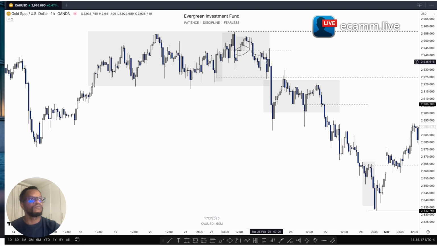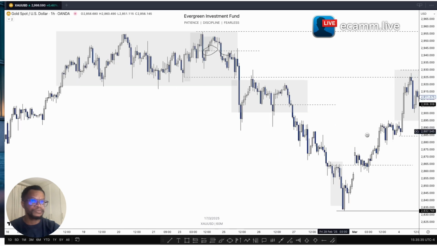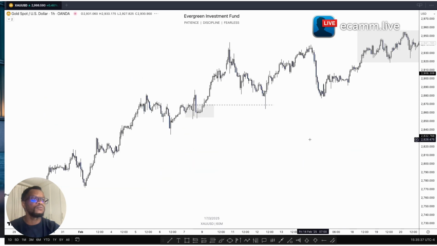Supply and demand will push, break structure, right? See here, structure break, and then pull back to the original consolidation, which is the supply area. Happens all the time. Let me find you more examples. Another example, yeah.